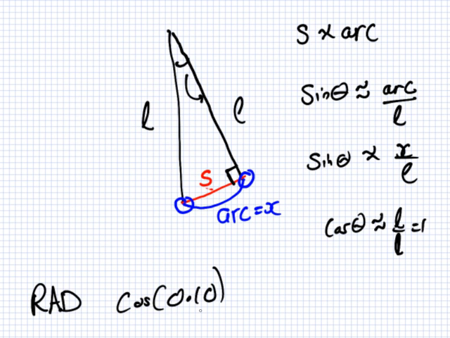A or C, arc. What is arc? It's the name of this part. You need to check the circle lesson. Right, what is cos 0.10? 0.995. So if the theta is small, it is nearly 1.